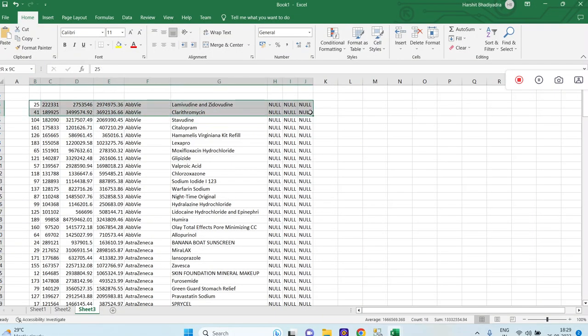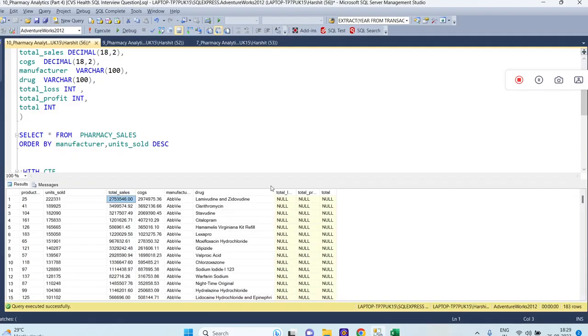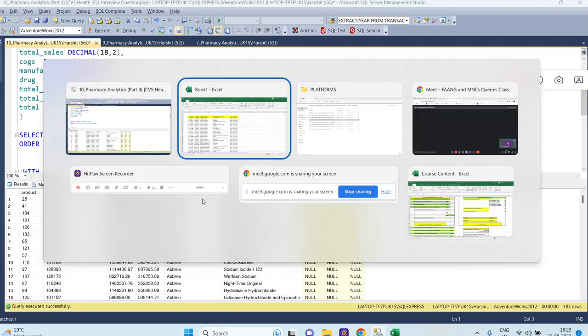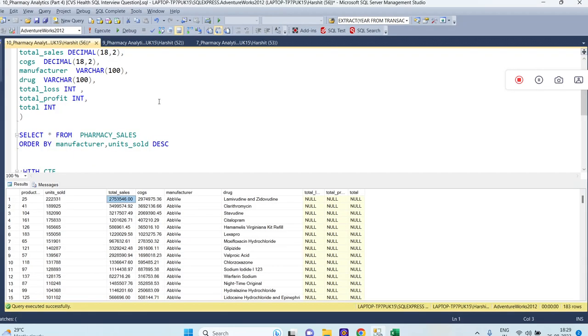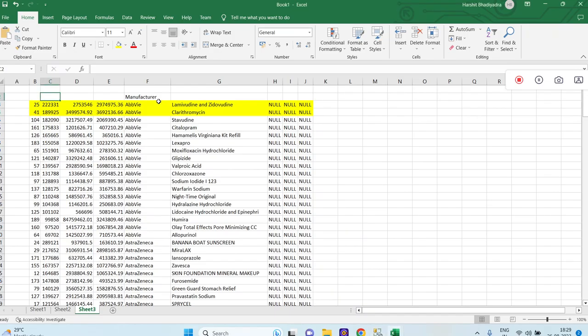So for this, these are our manufacturers, right? If you see over here, ABV is our manufacturer. And now this is the units sold. So as of now, these two columns are required for our solution purpose.